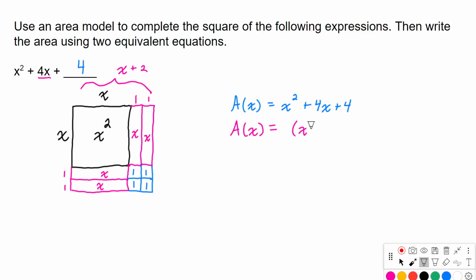Because it is a square, both dimensions are going to have the length of x plus 2. And we know that to find the area of a square, we can use length times width or base times height, but what it boils down to is the length of one side squared. So this would be an equivalent equation for the area of this square.